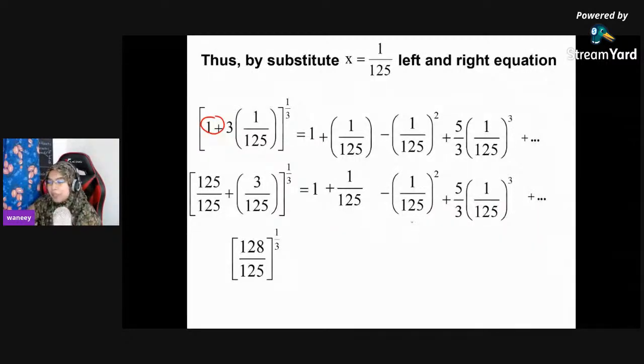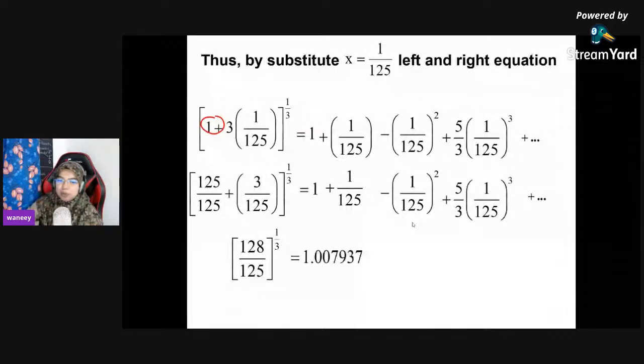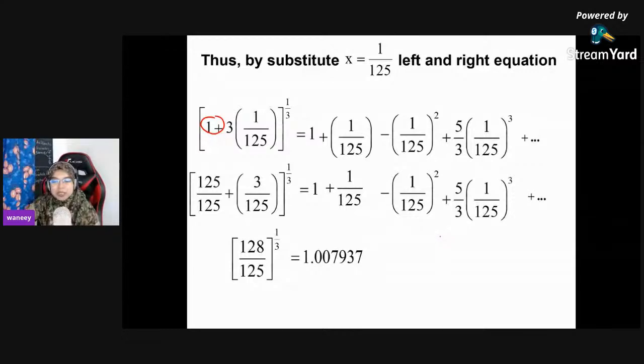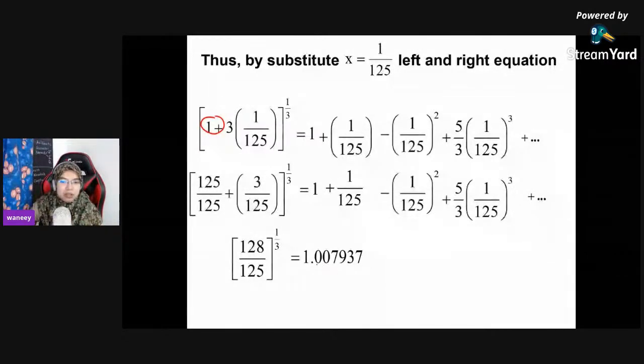And this is what I mean by the working should be greater than what we want. So if you refer to the question, it said give your final answer in 5 decimal places. If you look at this from the working, we have 1, 2, 3, 4, 5, 6. So this is what I mean by your working. For your working, you should have more decimal places compared to your final answer.